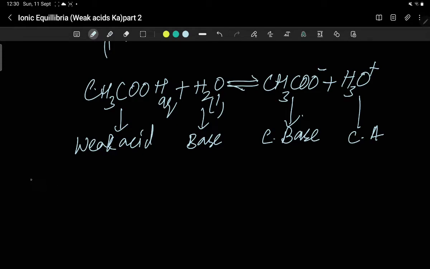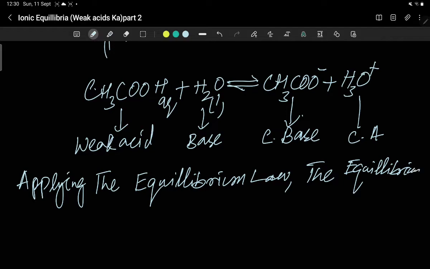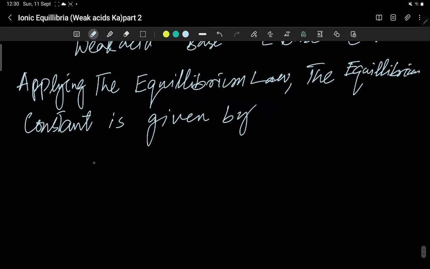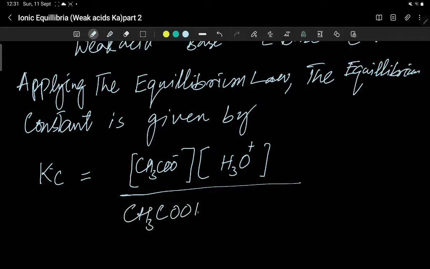So applying the equilibrium law, the equilibrium constant of this reaction is given by Kc is equal to concentration of ethanoate ion and hydronium ion over ethanoic acid and water.